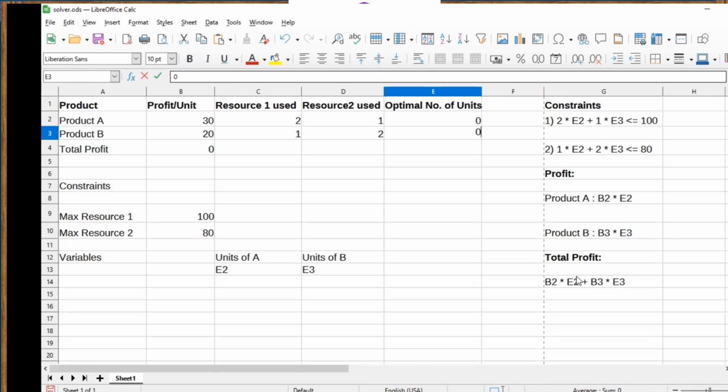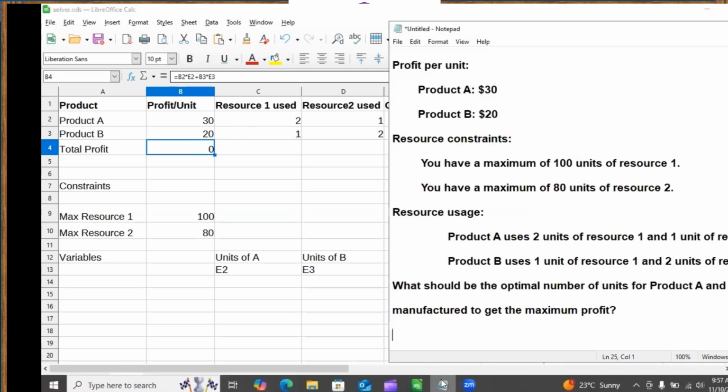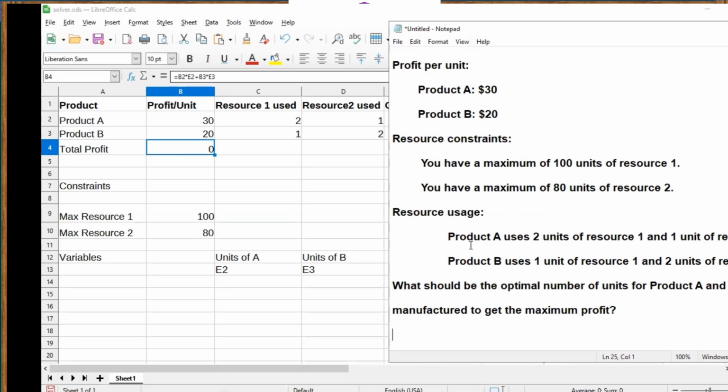The total profit to be maximized will be the sum of the profits of product A and product B. The cell B4 contains the formula for the total profit.